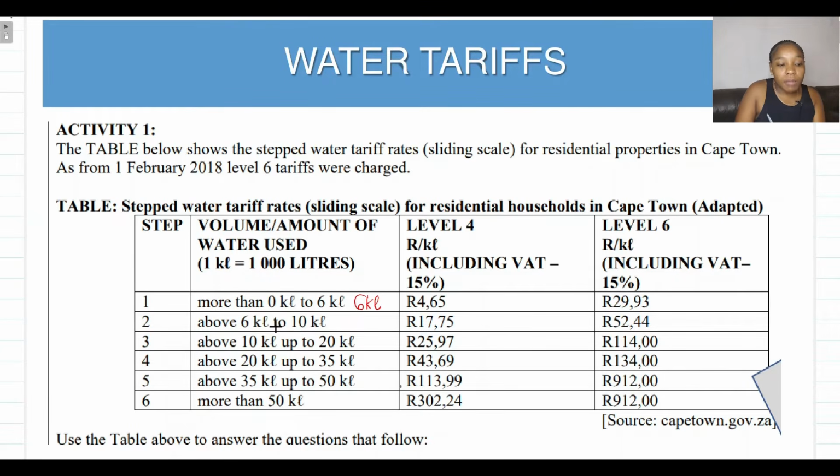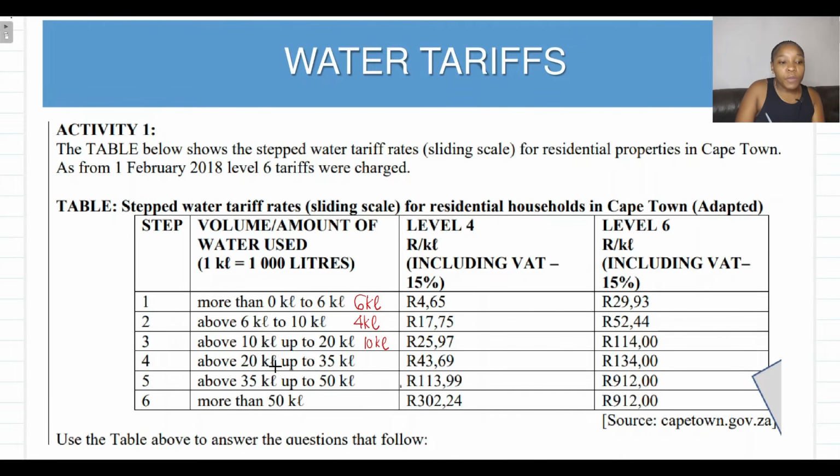You just say 10 minus 6 and it gives you 4 kiloliters of water used in step number 2. Between 10 and 20 kiloliters of water, how much water was used in the third step? 20 minus 10 gives you 10 kiloliters of water.